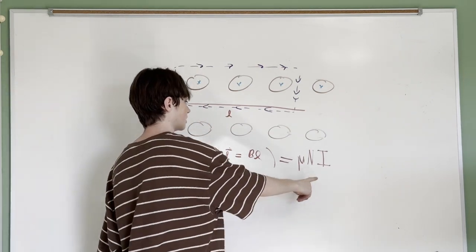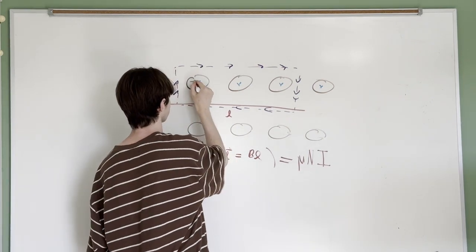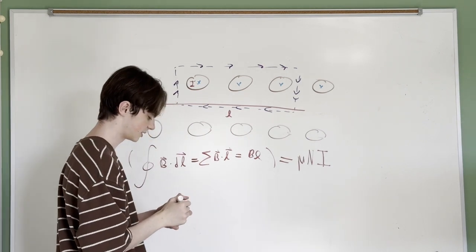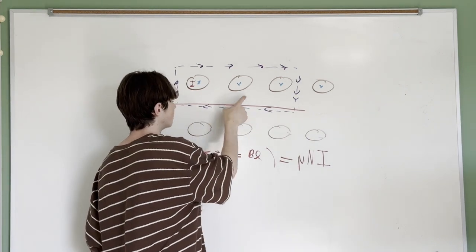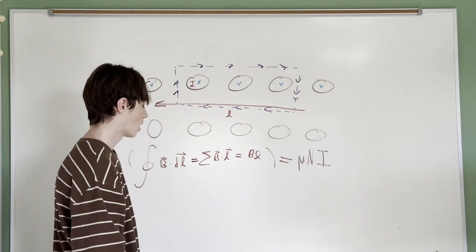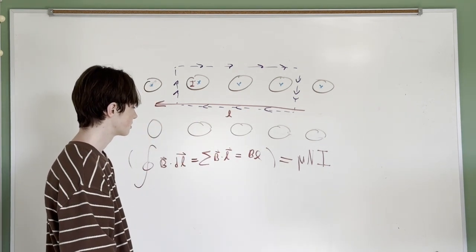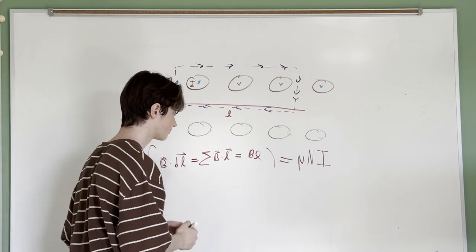I, again, is just a constant for the solenoid, how much current is being applied to the solenoid, and N actually does matter here because we have three wires through this Amperian loop.